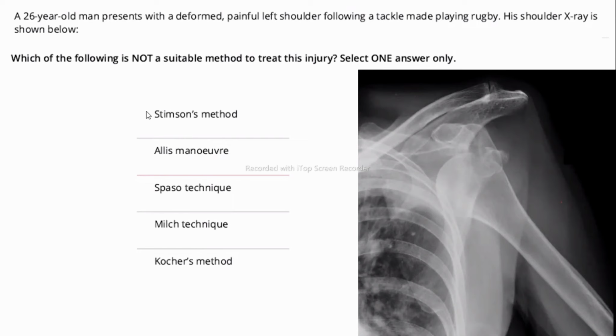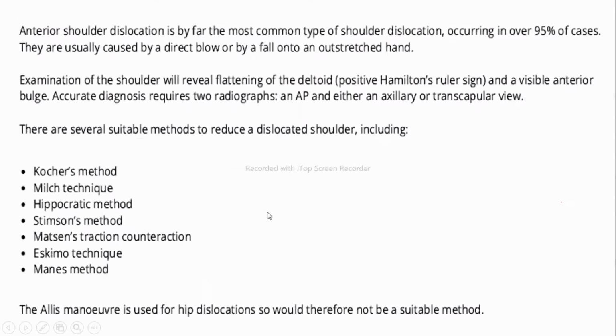So you have to be familiar with the names of techniques, at least the names. Kocher, Milch, Hippocrates, Stimson, Spaso. Do you find Allis here? No. So this one is the Allis maneuver, which is for hip dislocation.